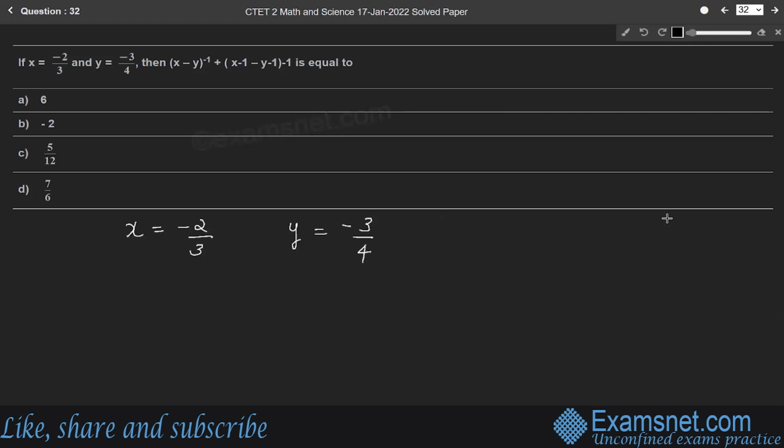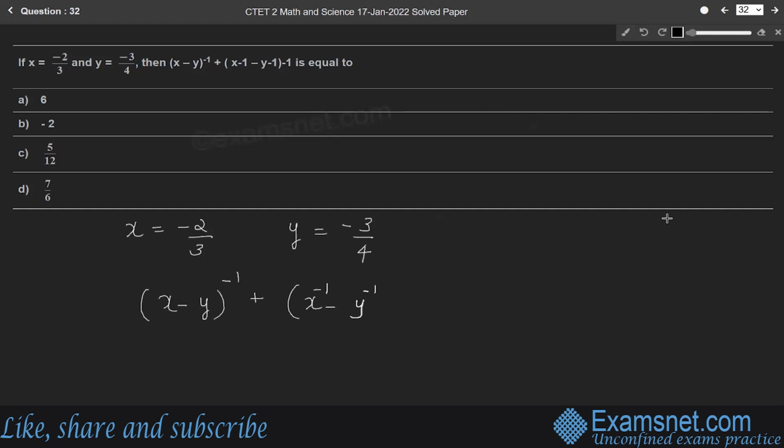So, (x minus y) to the power of minus 1 plus (x raised to minus 1 minus y raised to minus 1) to the power of minus 1.